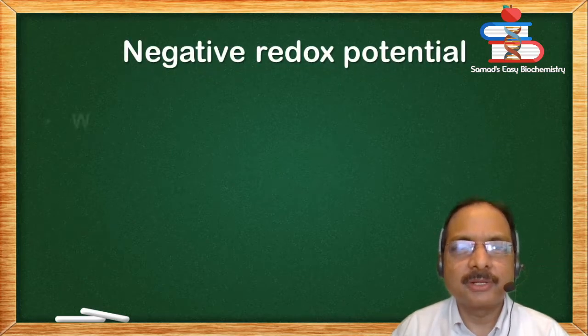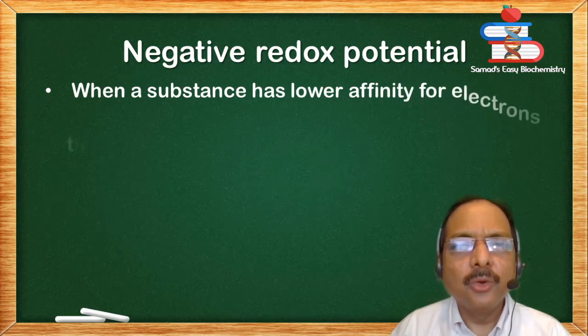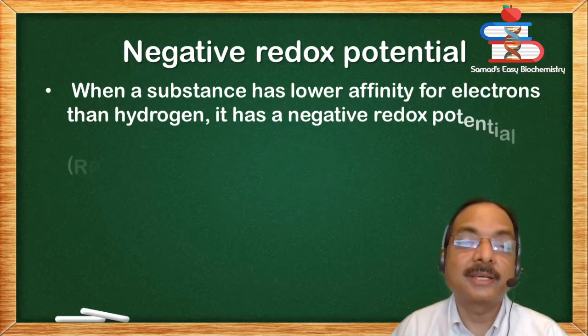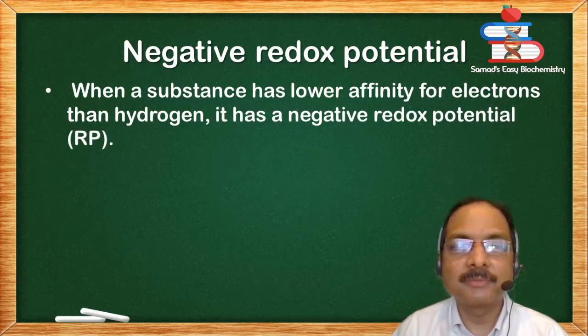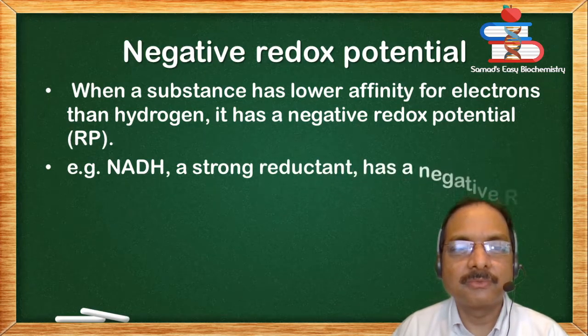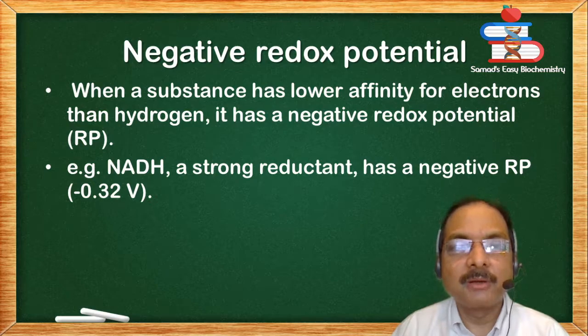Negative redox potential. When a substance has lower affinity for electrons than hydrogen, it has a negative redox potential. Example, NADH, which is a strong reductant, has a negative redox potential of minus 0.32 volts.